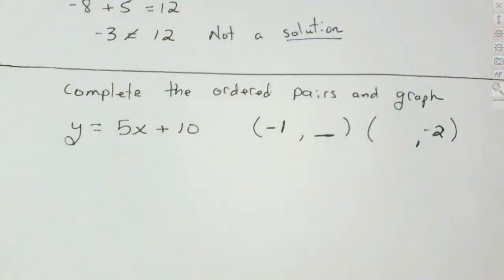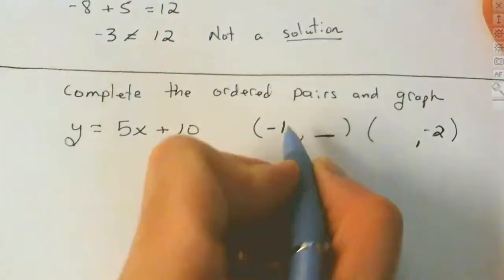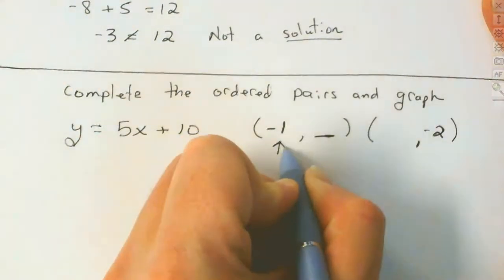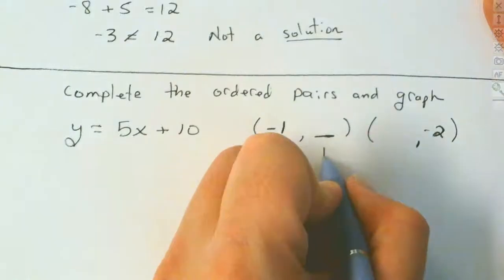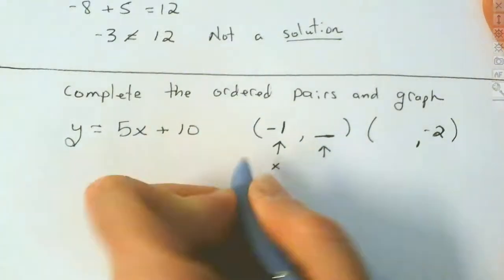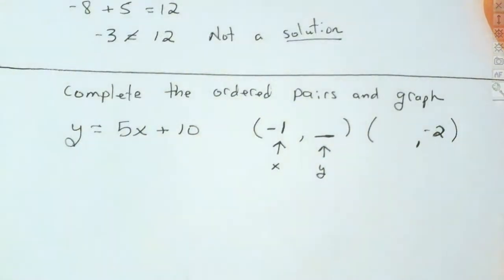Okay, so if I plug these values in, let's see what we do. On this one, this is our x value. Now, what are we missing? We're going to be missing the y value. So this is your x. We need to find the y value. So when I plug in the x value, what do we get?